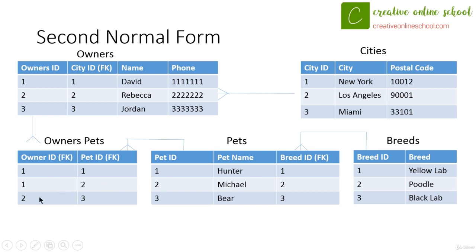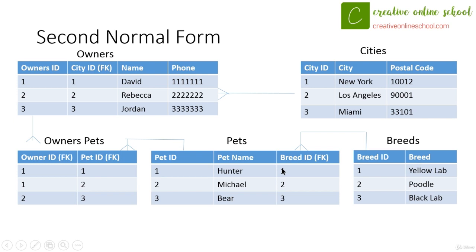If I wanted also for Rebecca to own the pet ID of 2, I could input that here and it would not mess anything up because I would have another reference to simply Michael, and that is completely legal because, say, if a couple owned a pet together or a couple owned many pets together, that is how a many-to-many relationship would be viewed.